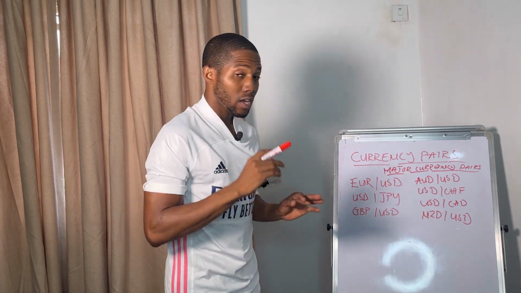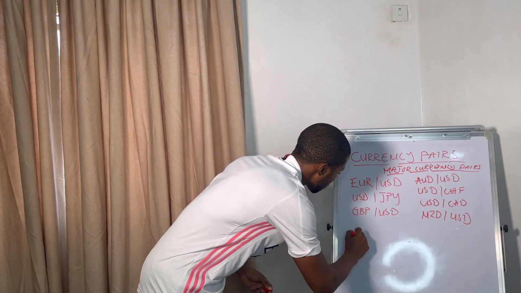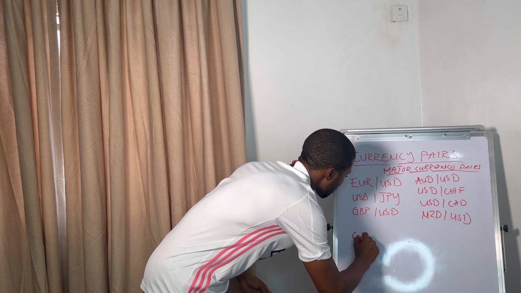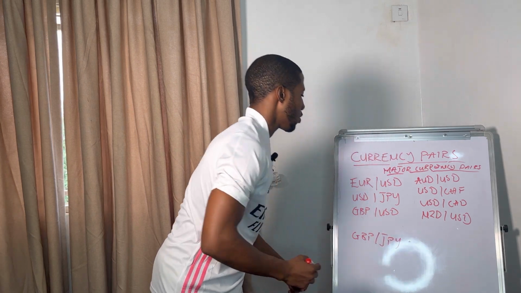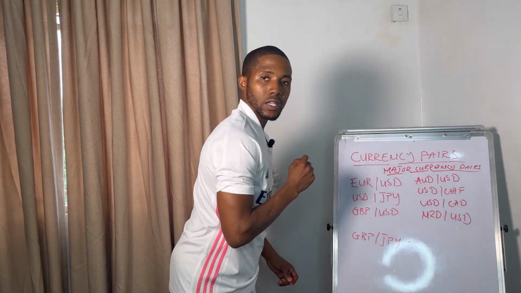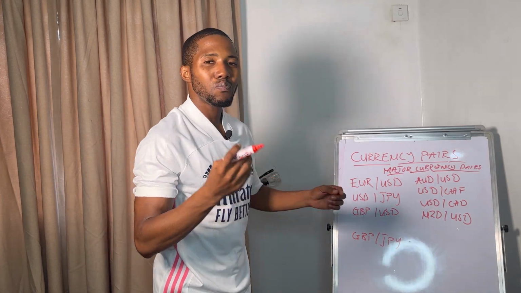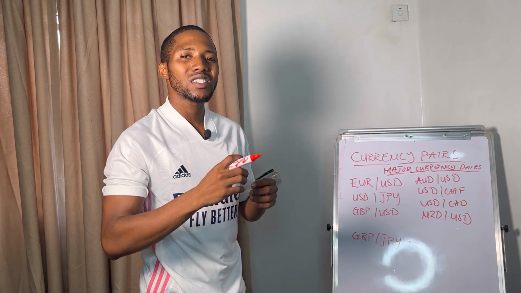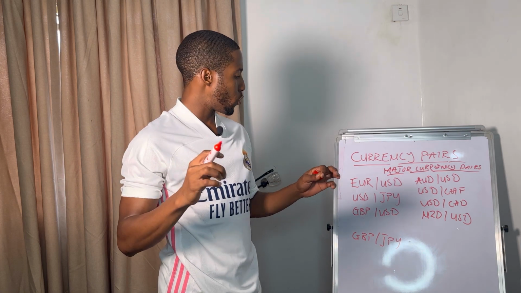For example, GBP and the Japanese yen, or the euro and the Japanese yen. So minor currencies are pairs between other major currencies, exempting the United States dollar. I hope you understand that.